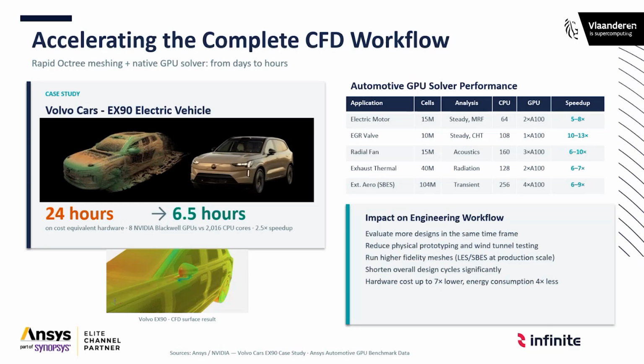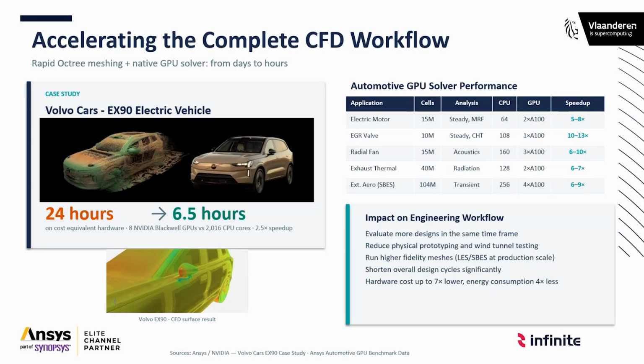Or we can look into higher fidelity meshes and physical models like an LES or an SBES simulation, which we can now introduce inside my design cycle due to these increased speedups. Or we can just focus on shortening our design cycle and speed up our go-to-market.